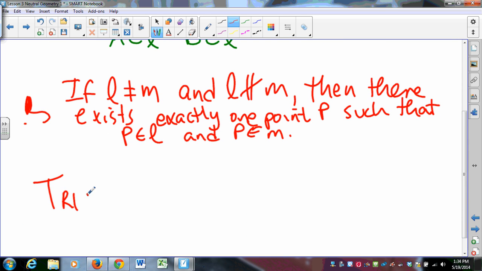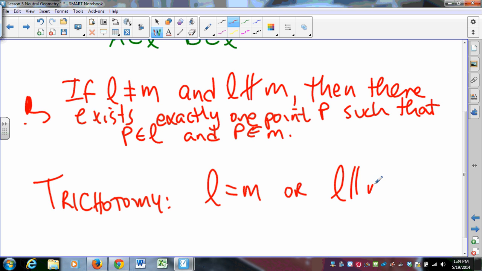This leads to a trichotomy, and the trichotomy says either L is M, or L is parallel to M, or the cardinality of the set of points in the intersection is 1.